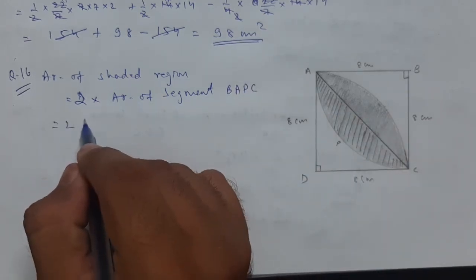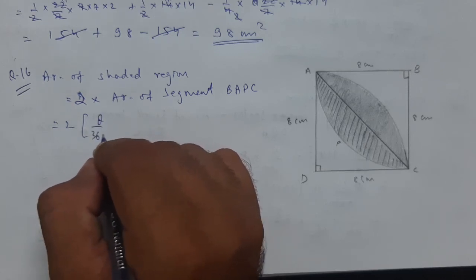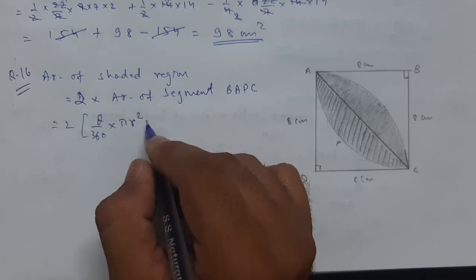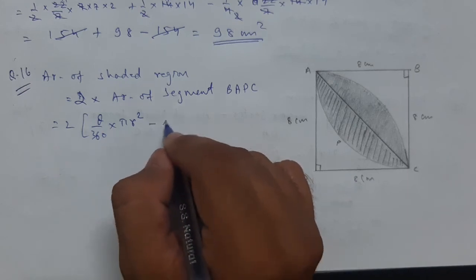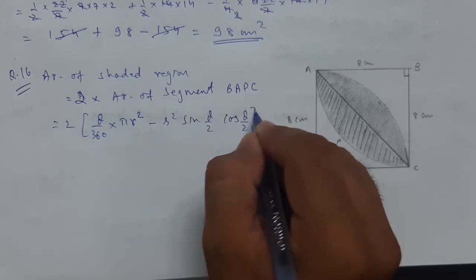that is equal to 2 multiplied by, write the formula, theta by 360 into pi r square minus r square sin theta by 2 cos theta by 2.